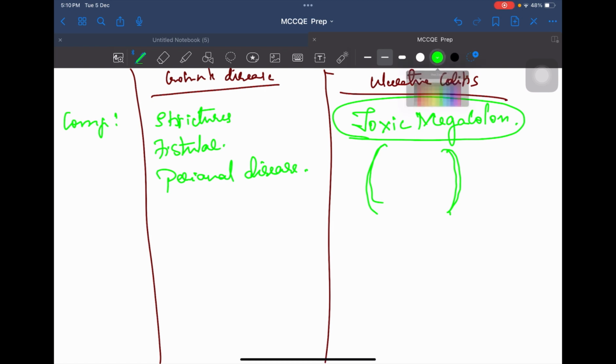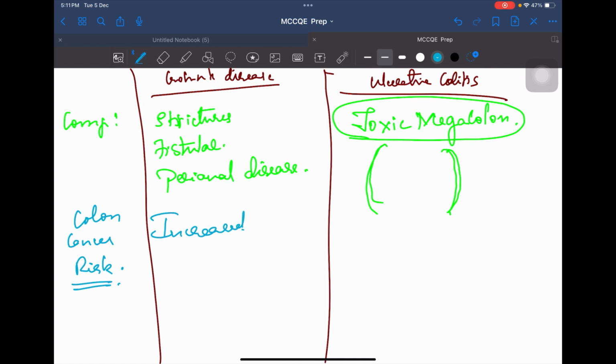What about colon cancer risk? Colon cancer risk is increased in Crohn's disease if greater than 30% of the colon is involved.